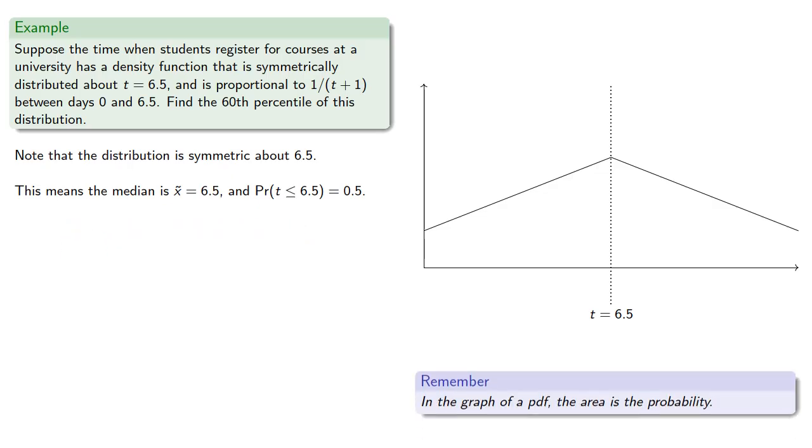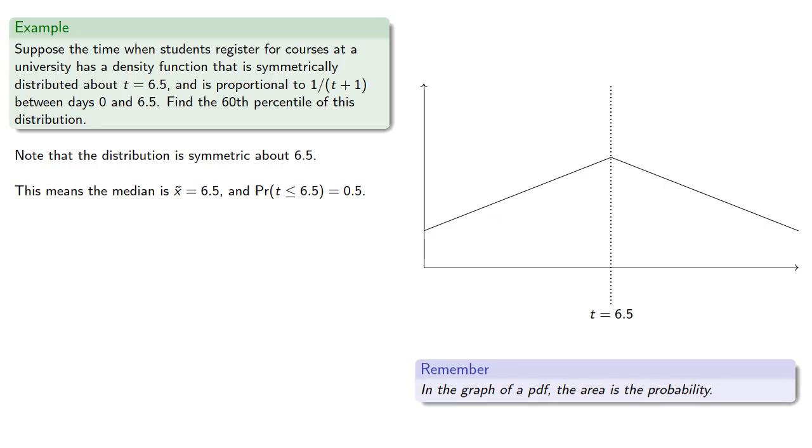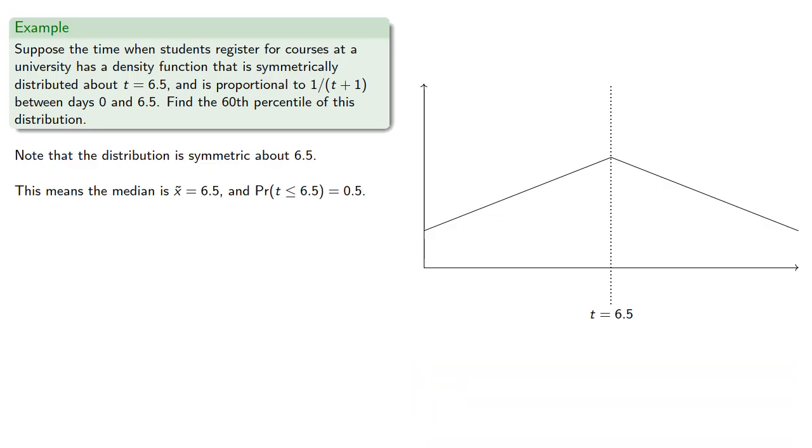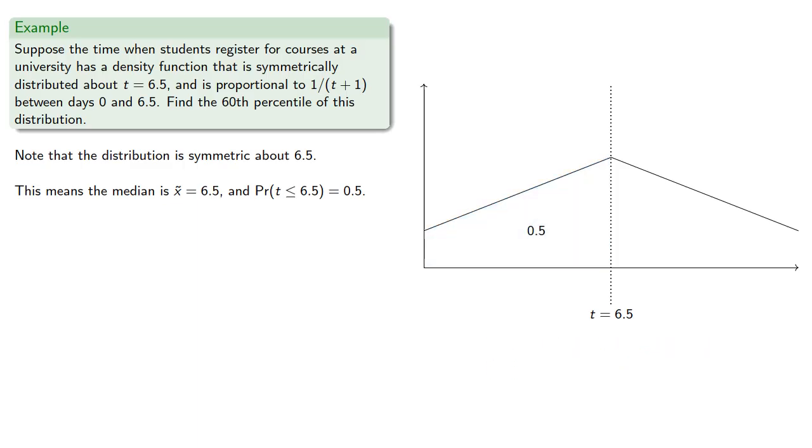And remember that in the graph of a PDF, the area is the probability. And so this area to the left of 6.5 has area 0.5. Now, since we want the 60th percentile, this means we need to include an additional 10%, 0.1, to get our 60th percentile.